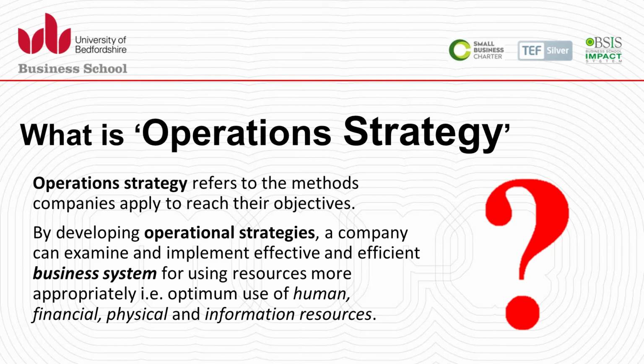That includes human resources, financial resources, physical resources like material, machinery, the building, fixtures, furniture, and of course intangible resources, data and information, used in the most appropriate way to make the organization more efficient and more effective.